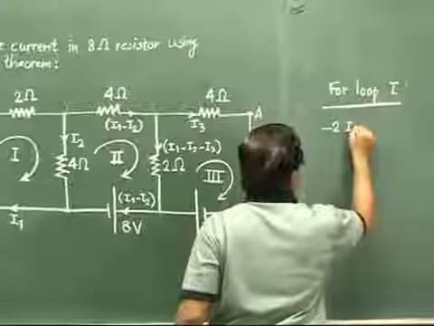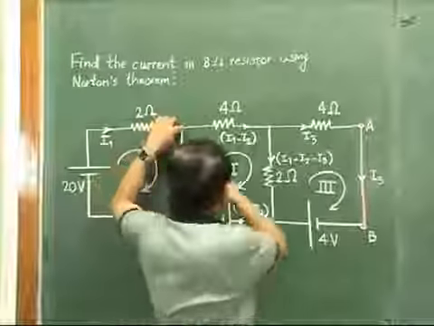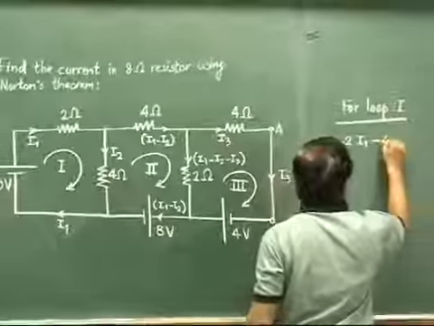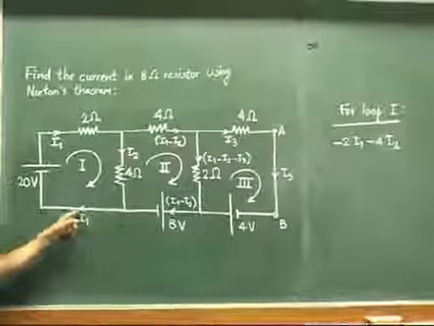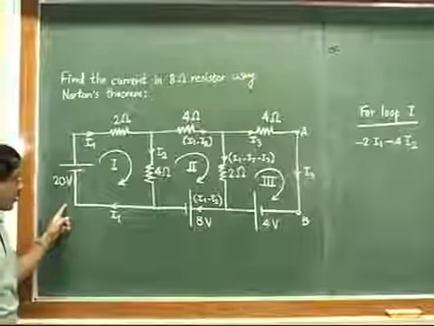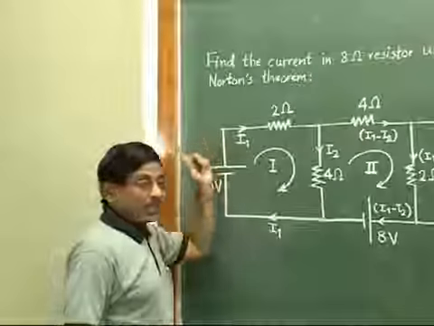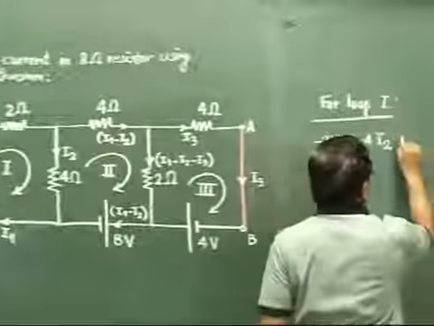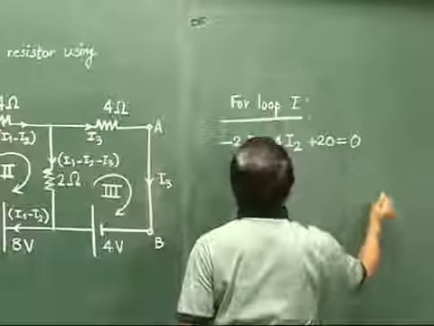Then this point downwards, it will be minus 4I2. Then from this point left, no component, so no voltage rise or drop. And then at the original starting point, it will be plus 20. Now we have traversed the entire loop, and this all must be equal to 0.